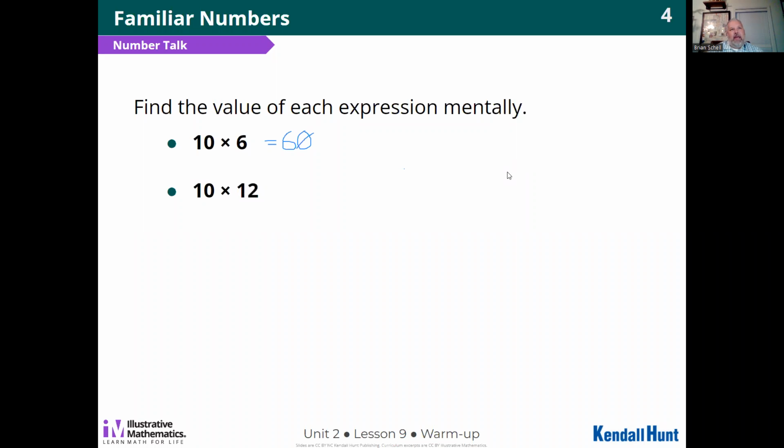Now we have a little bit bigger: 10 times 12. I know this is often on your bell ringer as well, but let's pretend you don't know 10 times 12. What is a good strategy for this if we already know 10 times 6?